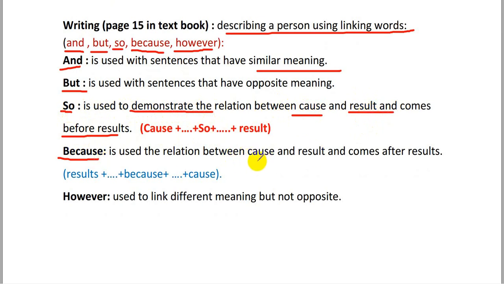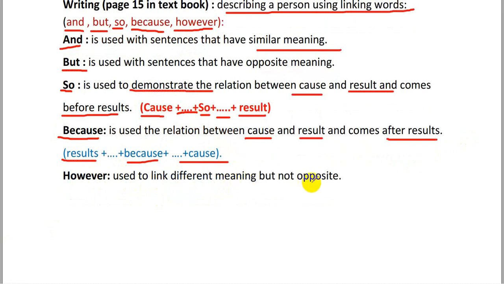Because أيضا تبين العلاقة ما بين السبب والنتيجة، لكن الفرق أن so تأتي قبل الريزلت، يعني السبب جملة، so، جملة ثانية result. Because تأتي قبل السبب، إذن so قبل النتيجة، because قبل السبب، result because cause.